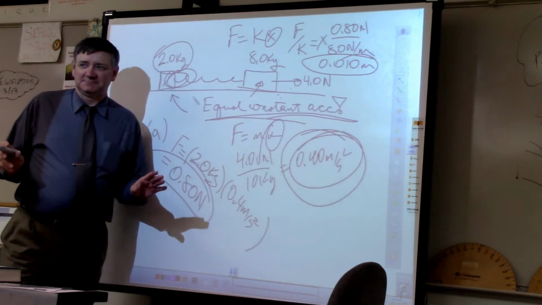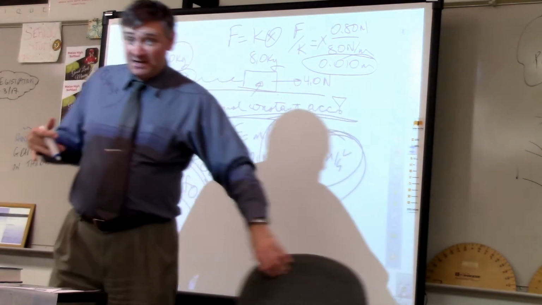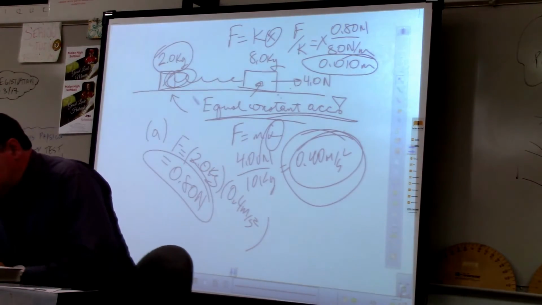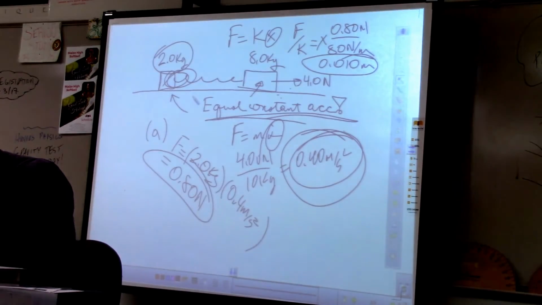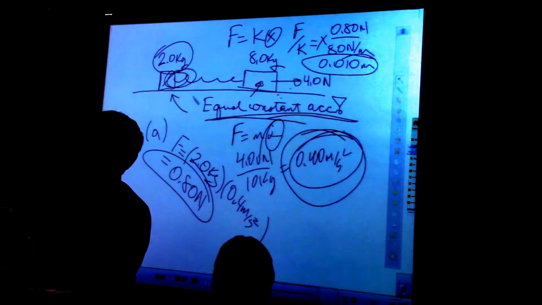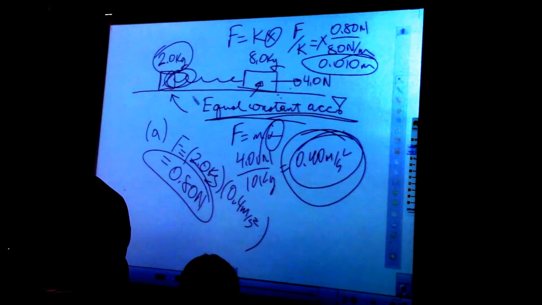Good with that. Okay. So if you work the second part? Now we're going to pull it to the left. So what's going to happen to the acceleration? Should be the same since the system. Oh, still the same.